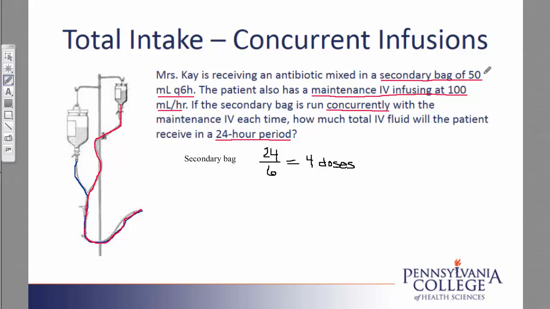Each individual bag is 50 milliliters, so we'll take the 4 bags times the volume, which is the 50 milliliters, to calculate that the total amount for the secondary bag is 200 milliliters.